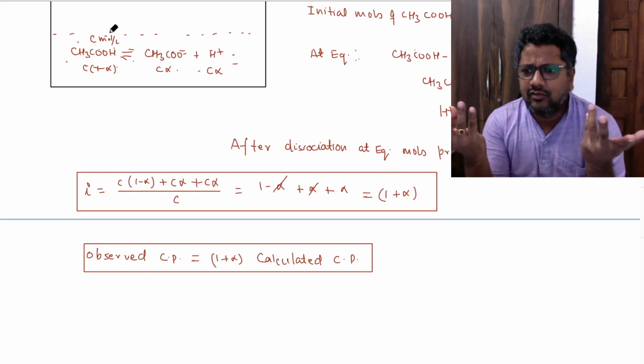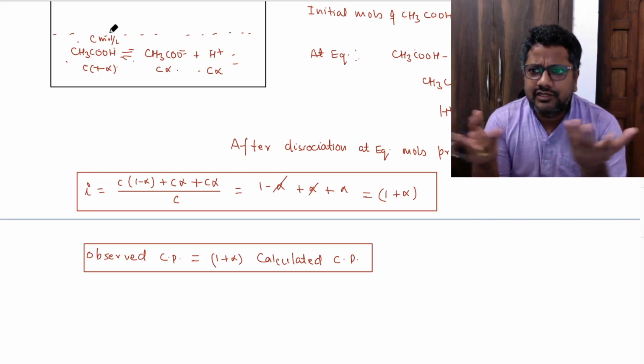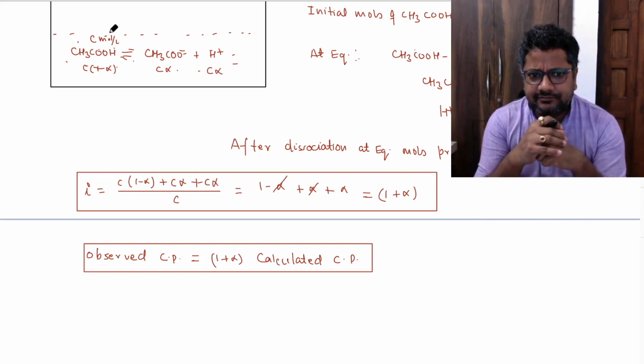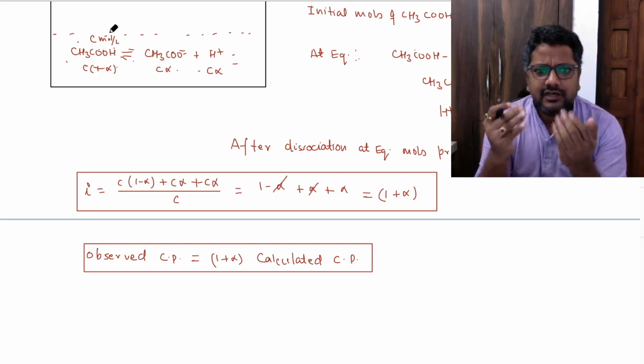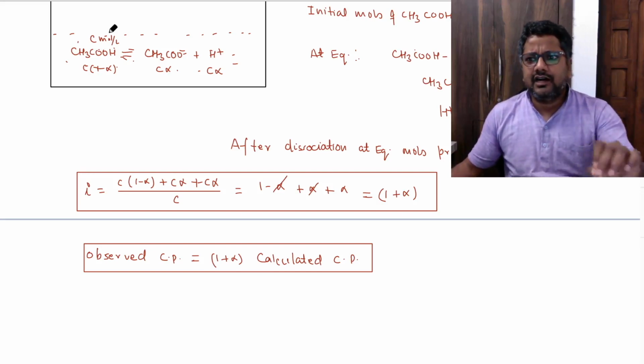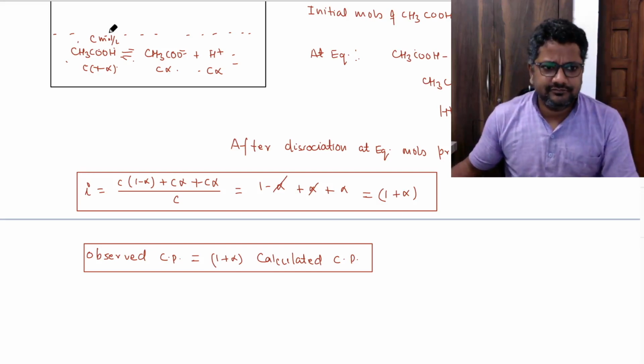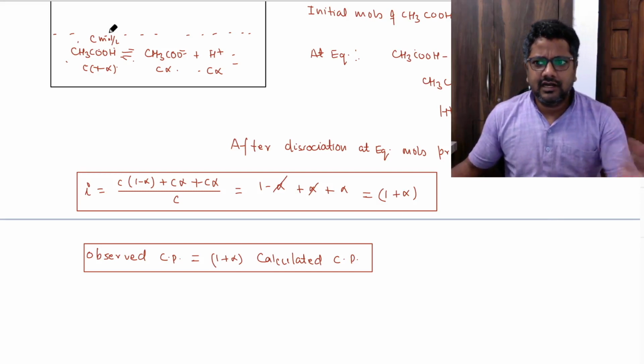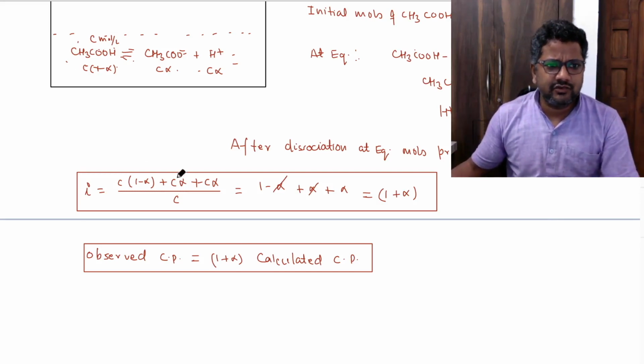You can take 1 mole, right? Because the initial moles hardly matter for us. You can take 1 mole, and from 1 mole you can show. So the value of i is independent of the initial moles taken, because in the ratio the initial moles will cancel out, right?